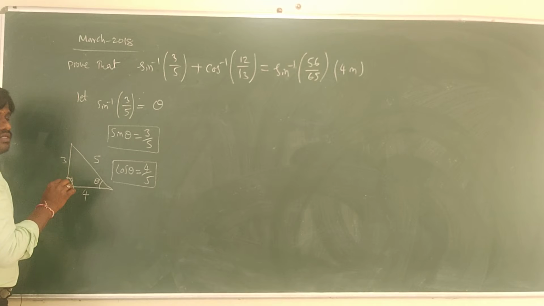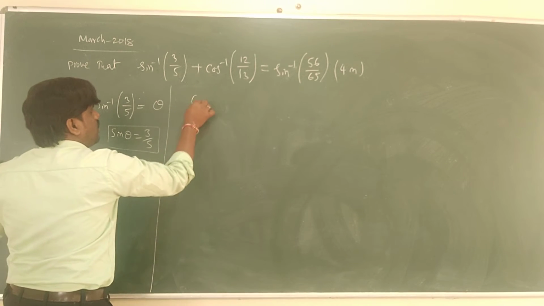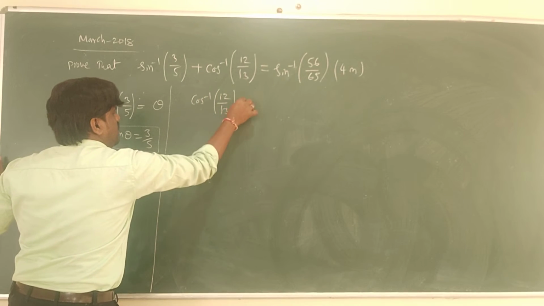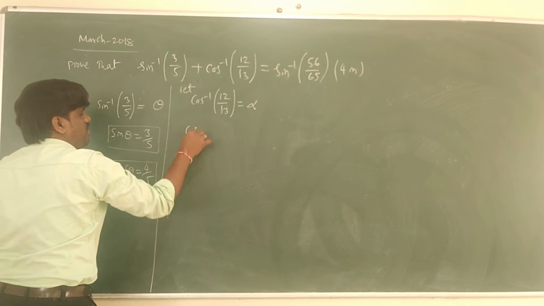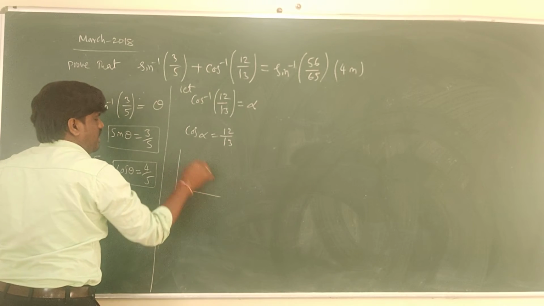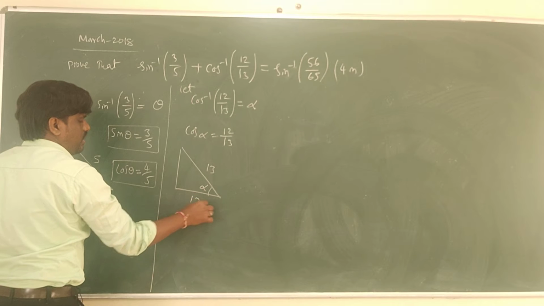Now look at the second part, cos inverse 12 by 13. Let us take this one as alpha. Then cos alpha will be equal to 12 by 13. Let us take the right angle triangle. This is alpha, this is 13, this is 12.